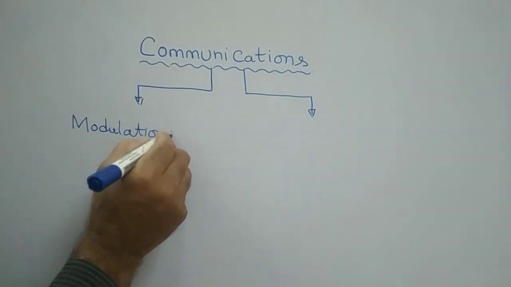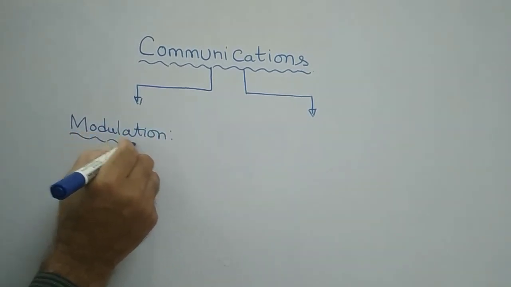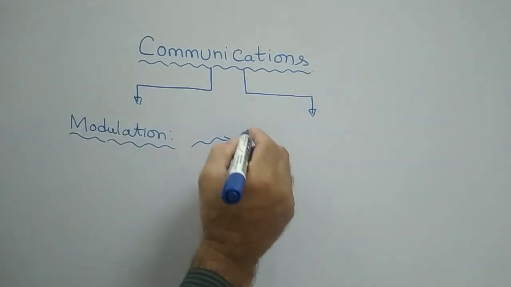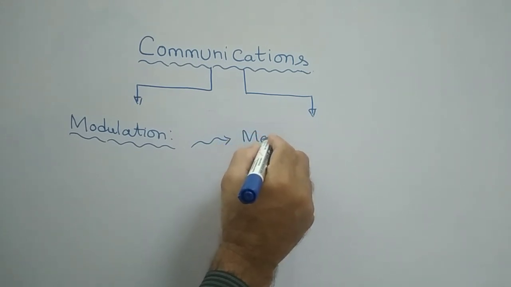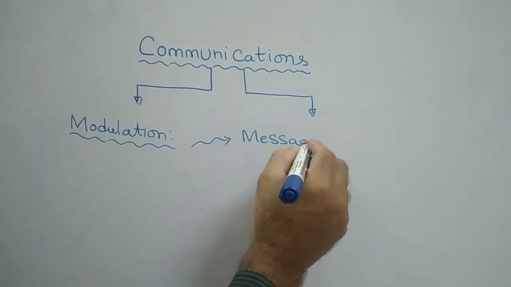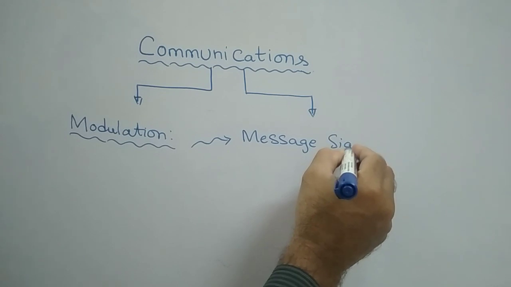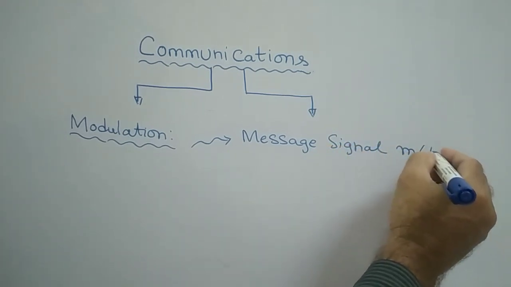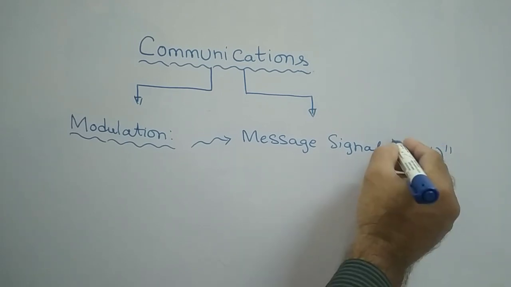In order to define modulation, we need two types of signals. One is the message signal, normally denoted by m of t.